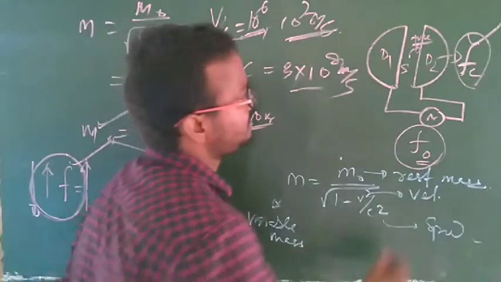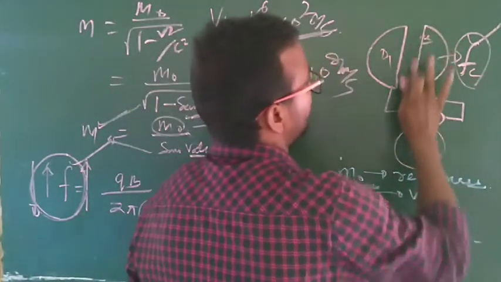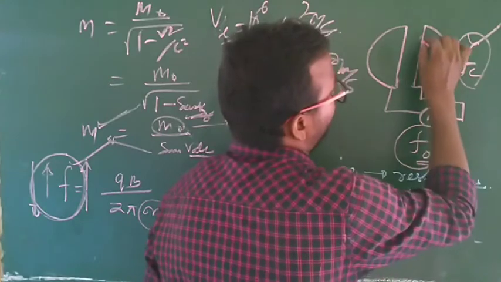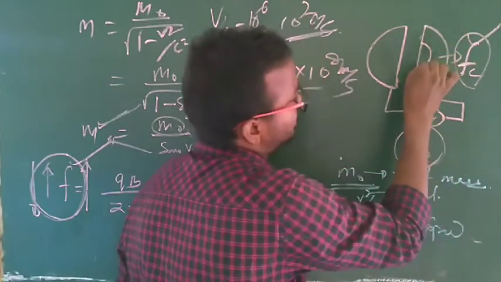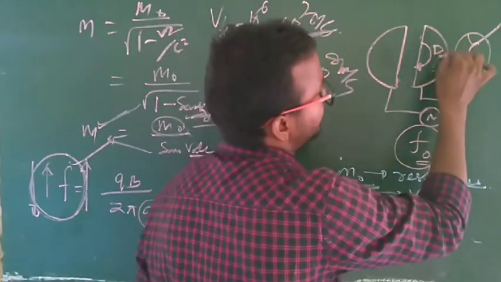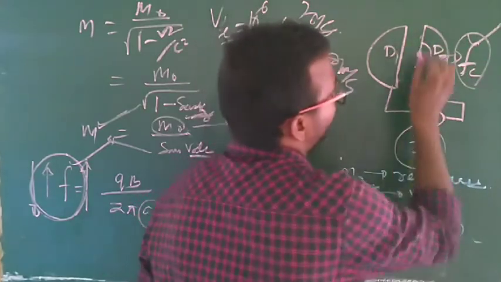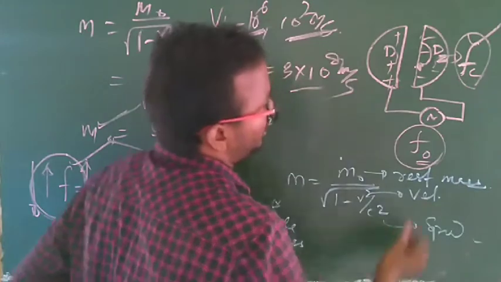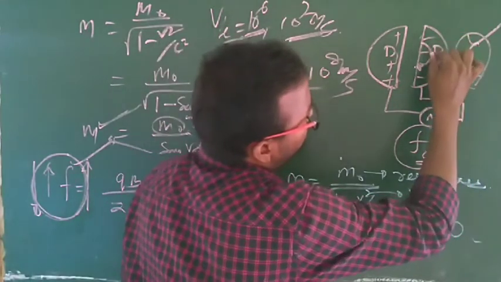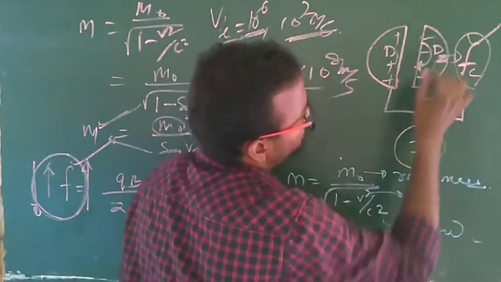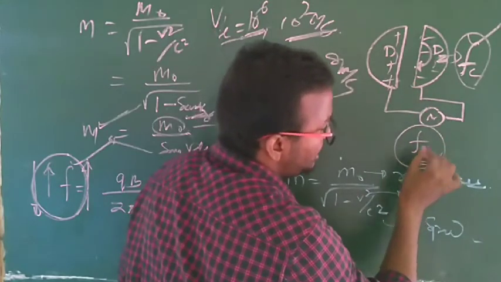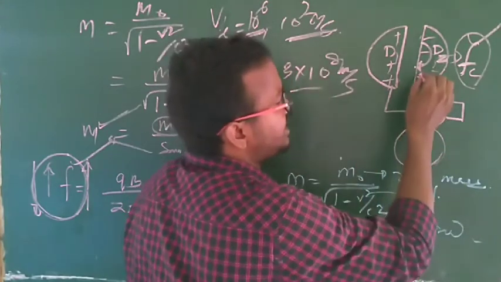That means, suppose we need a frequency when the charged particle just comes out from this D2, that is D1. This is positive, positive, positive, and inside is negative, negative, negative. When the charged particle just comes out from this D2, now we have to set a frequency in such a way that it changes its polarity.